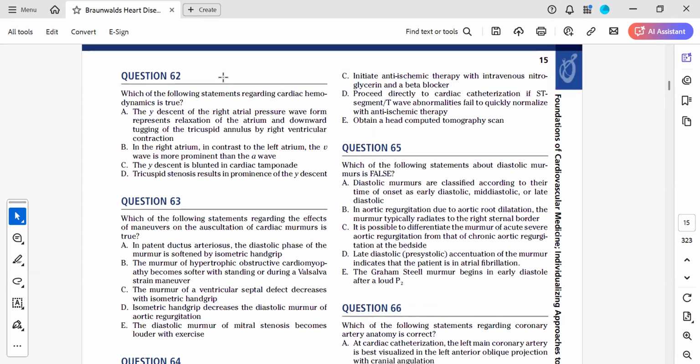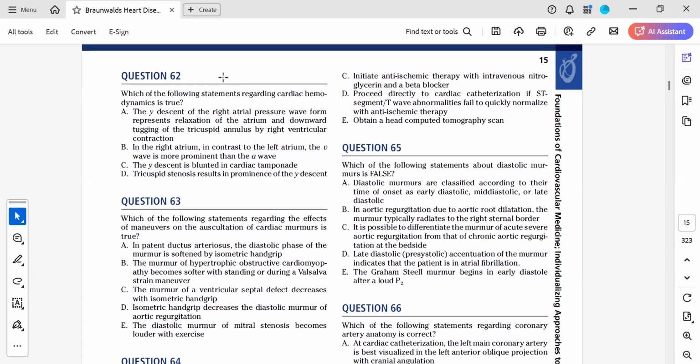Option D says proceed directly to cardiac catheterization if ST segment or T wave abnormalities fail to quickly normalize with anti-ischemic therapy. So it's important to make the diagnosis before commencing on this, because one of the differentials for this cerebral T wave could be intracranial hemorrhage.